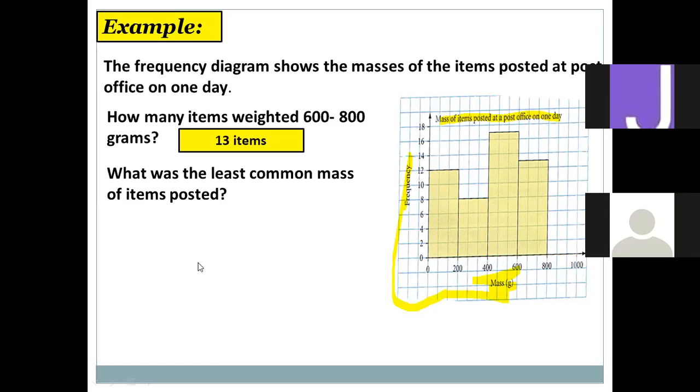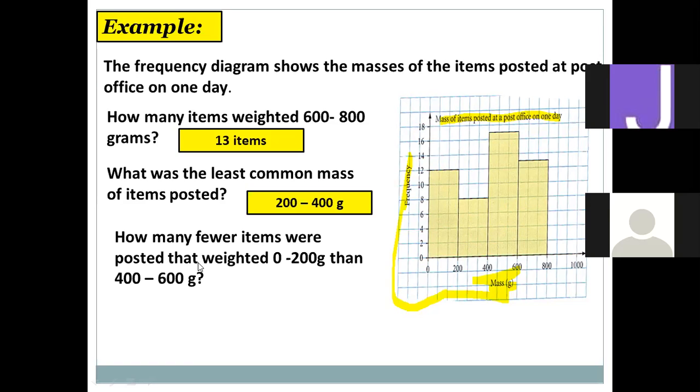Okay. How many fewer items were posted that weighed from 0 to 200 than 400 to 600? How many fewer? قول يا طه. يلا يا تيتشر.